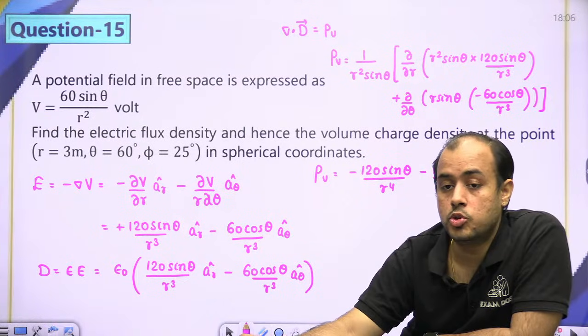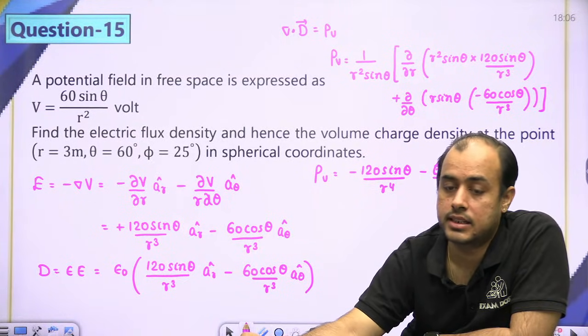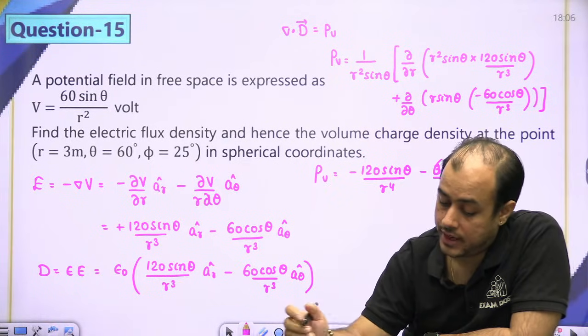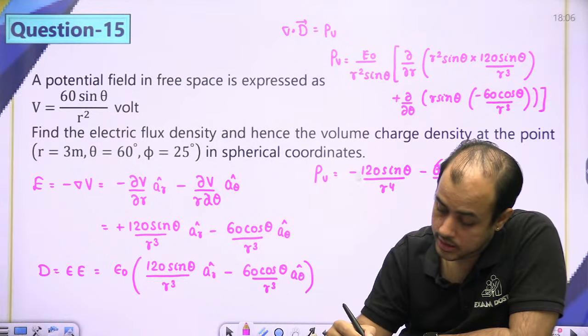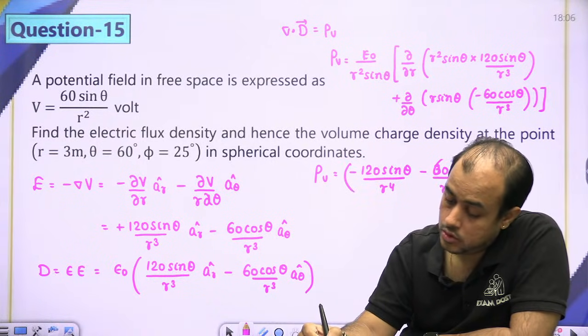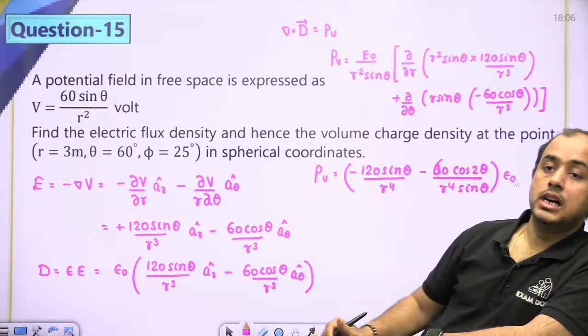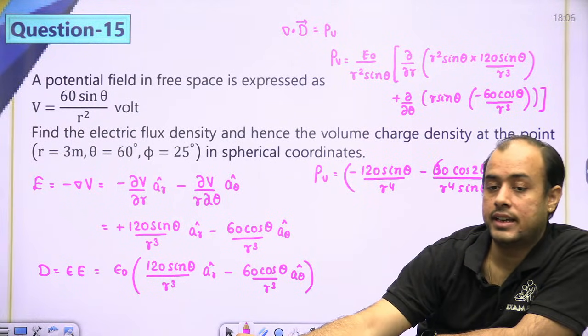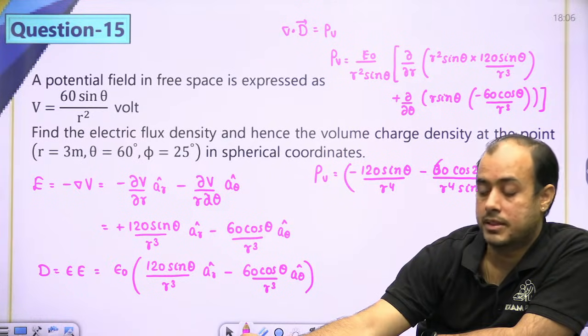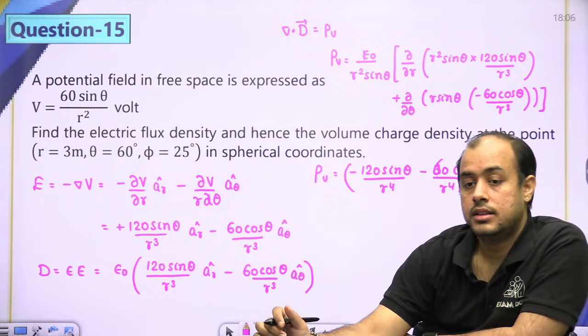Now it is up to you beta. You can put the points. आप इसके अंदर point डाल सकते हो and you can find the value. Epsilon naught भी था ना बाहर. To epsilon. Now you can substitute the value of r, theta and phi. R, theta, phi की value आप इसके अंदर डाल सकते. ठीक है?